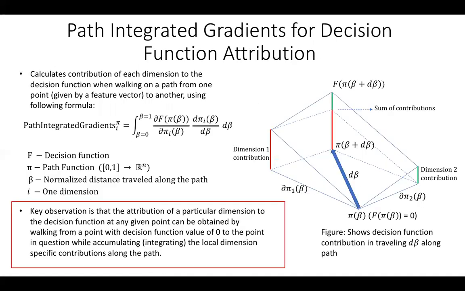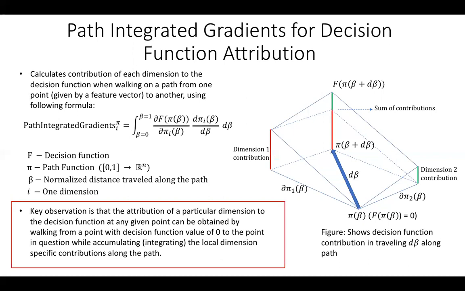Now I'll put aside genomic sequences and kernels for a bit and talk about the integrated gradients method for decision function attribution. The goal here is, given a function in high dimensional space, as we walk from one point in that space, given by a feature vector, to another, how do we attribute the change in the function to the various dimensions?